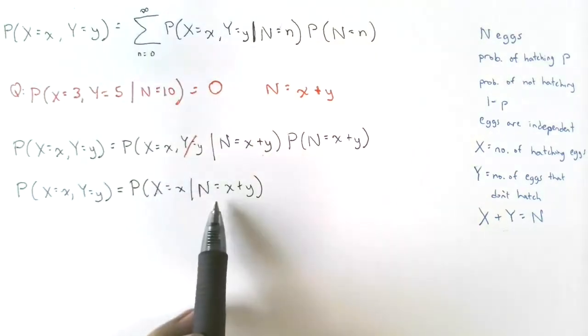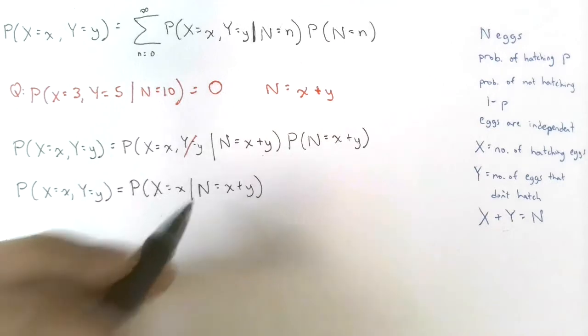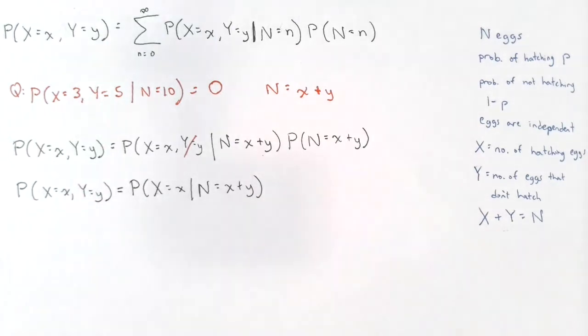Because notice that with these two statements, I'm already telling you everything I need to know about the problem. Let's say x equals 2, n equals 10. If x equals 2 and n equals 10, do I know the variable y?